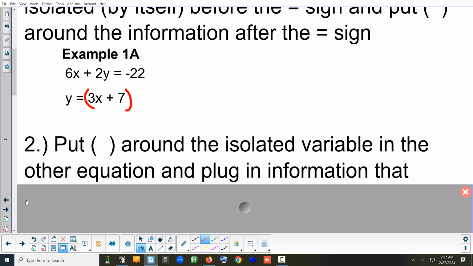So I want to put parentheses around the letter that was by itself, but I want to do it in the top one, just like that. So look at the letter that was by itself, find that letter in the top one, and then just put parentheses around it. The parentheses are there just to kind of tell us what we're going to focus on. Now, can someone read to me, what does that bottom equation say?